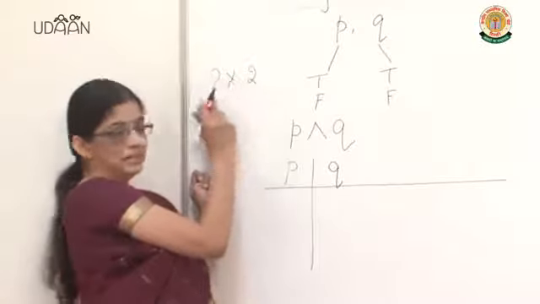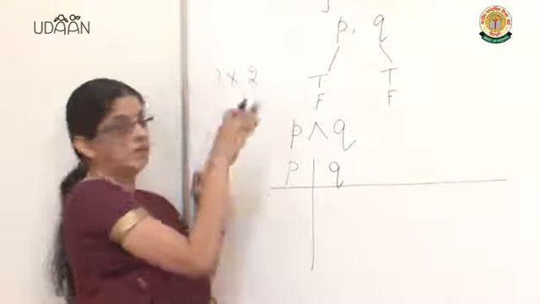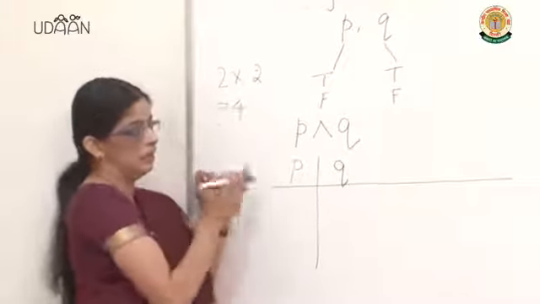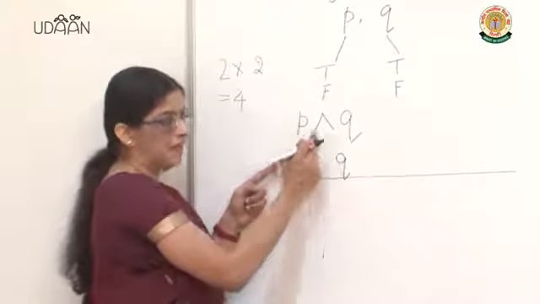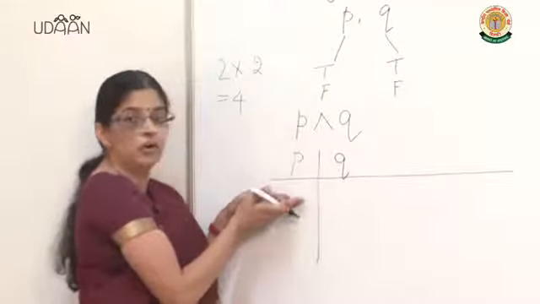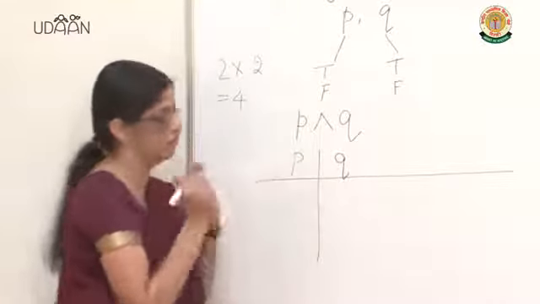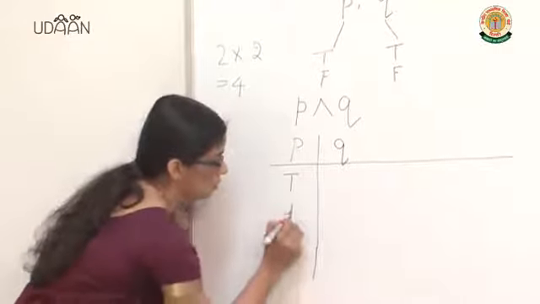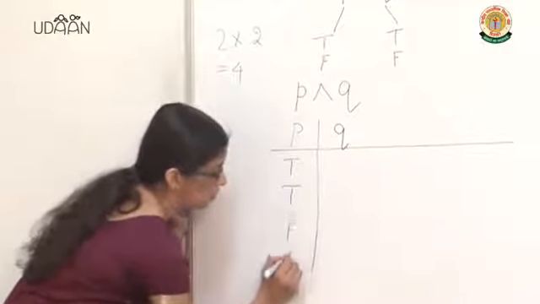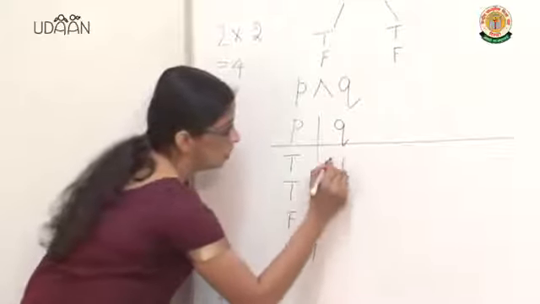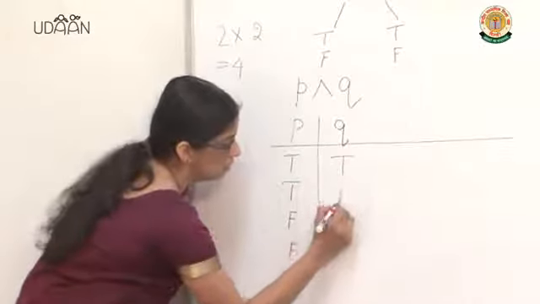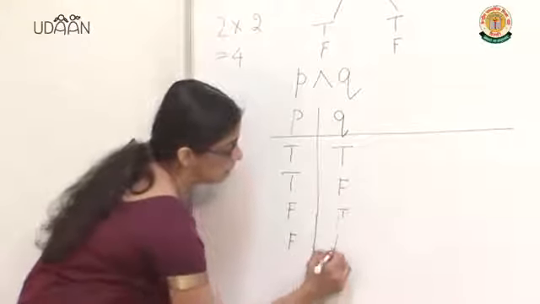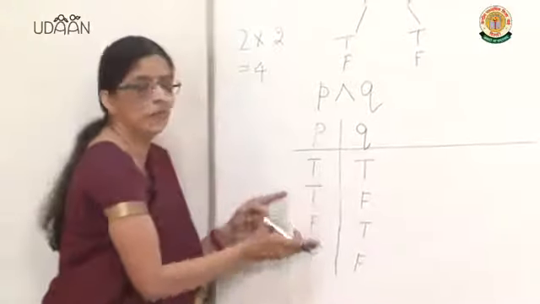So together by the fundamental principle of counting, permutation combination, 2 into 2, 4 cases are possible. So in the truth table of P and Q, there are 4 horizontal rows. P truth value: true, true, false, false. Q: true, false, true, false. These are the 4 cases.